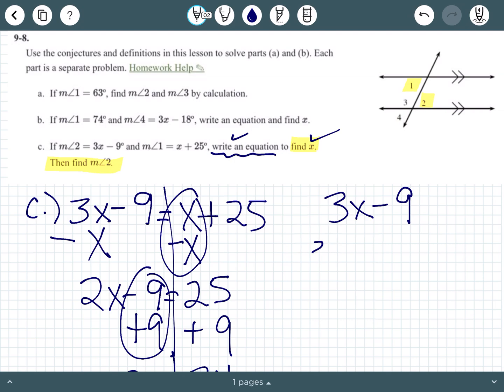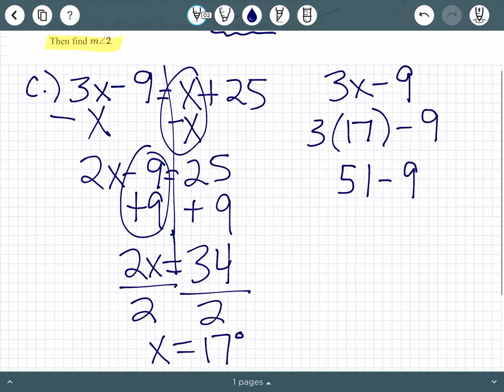So we're just going to go ahead and plug that in for x with parentheses, because we know how important those are. So let's see, I'm going to do 3 times 17, which would give me 51 minus 9, and 51 minus 9 would give me 42.